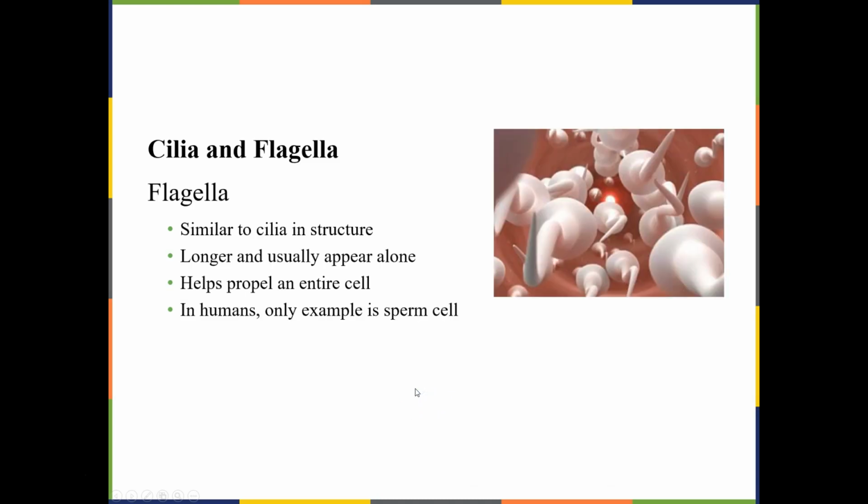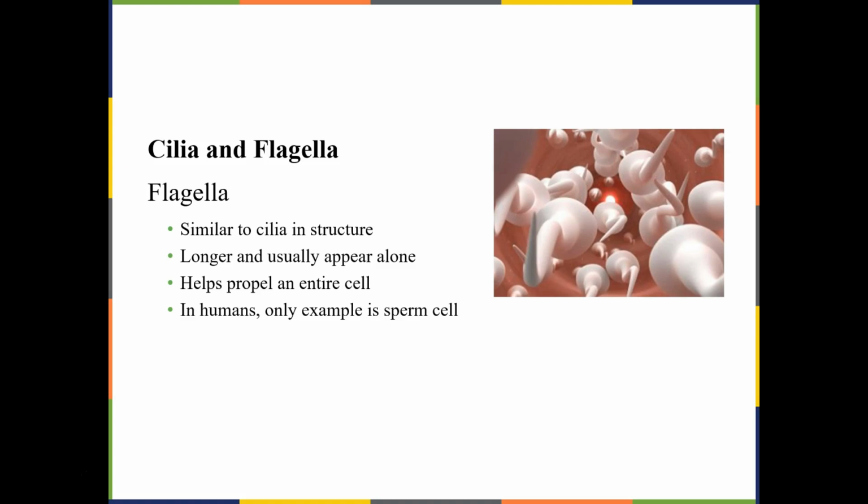All right, so flagella then are similar in structure to cilia, but they tend to be longer. I think of cilia as kind of like finger-like projections, whereas flagella are like long hairs, so they're a lot longer.